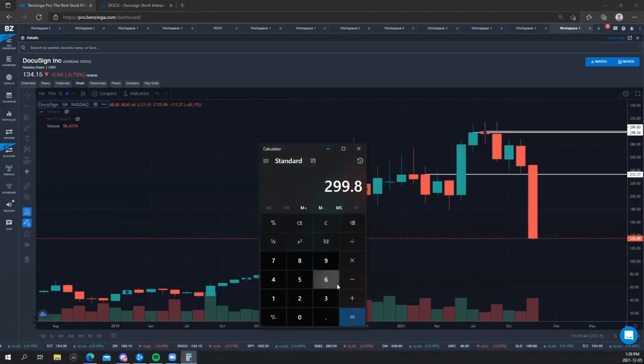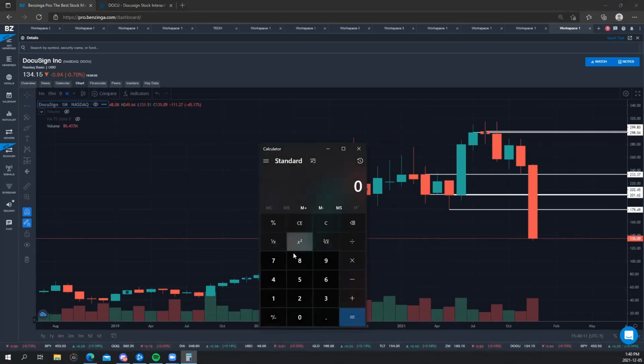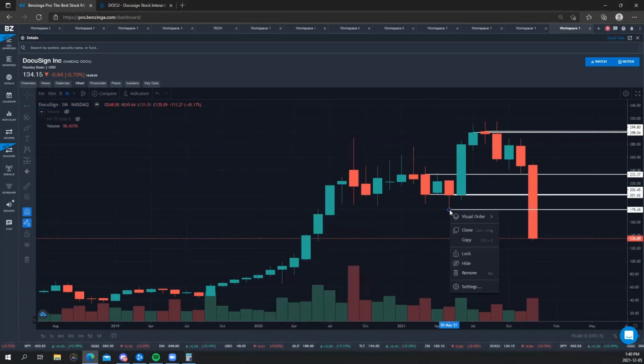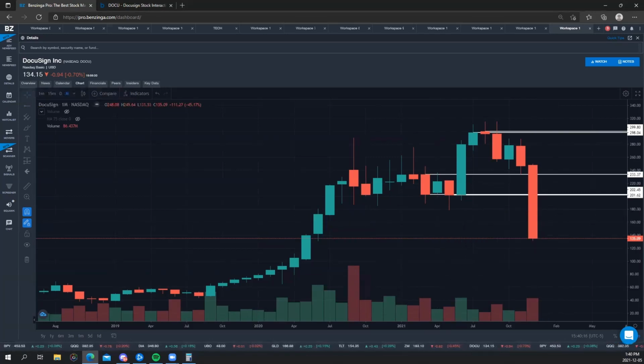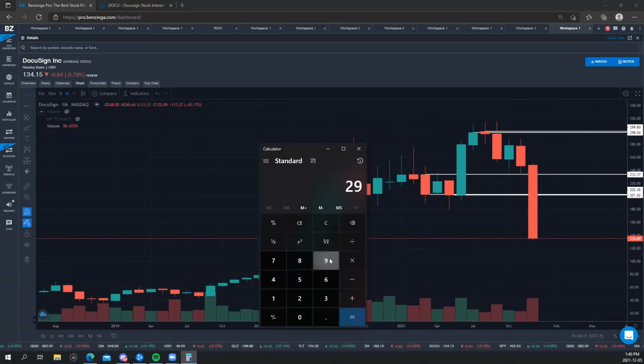So if it was 299.80, for instance, subtract 233.37, I know I can expect at least a downside reversal move of $66.43 from the bottom of my channel. So if the bottom of my channel, from the closing sticks and opening sticks, is around that 202.45 and 201.62, then I would think that we could possibly have a downside reversal of $98.18 from that upper range in here, or the midpoint.